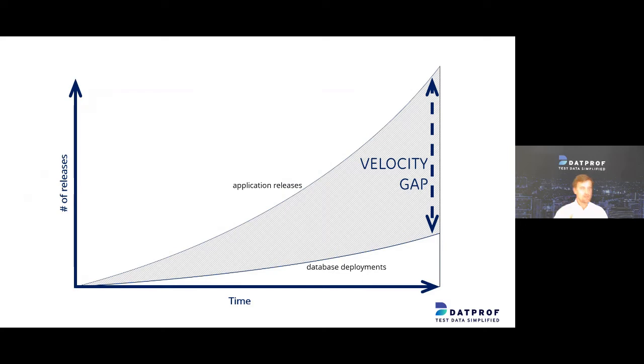So there's a velocity gap. What we especially see is if applications go to production, that in some cases, the production data or the data inside the database itself is not in line with the application release. And that's the reason why things go wrong when they go into production.